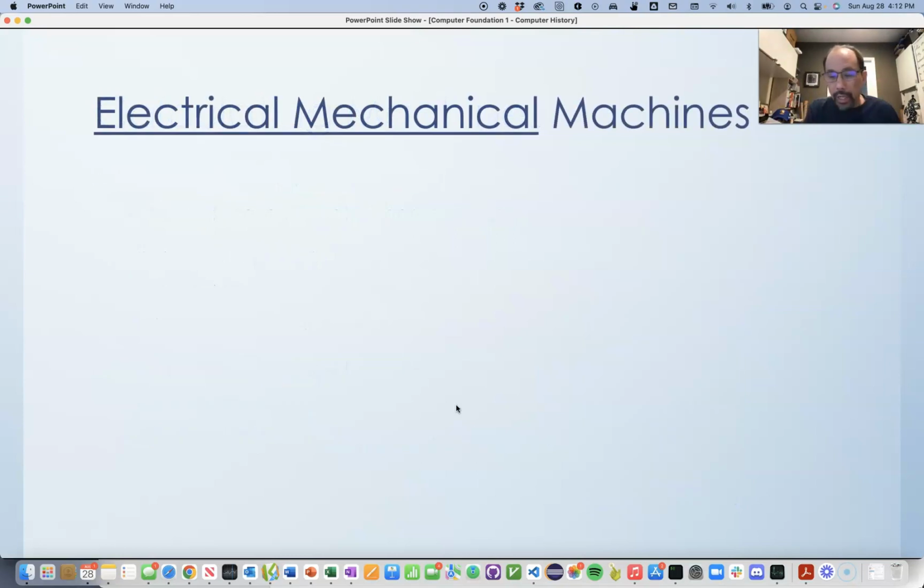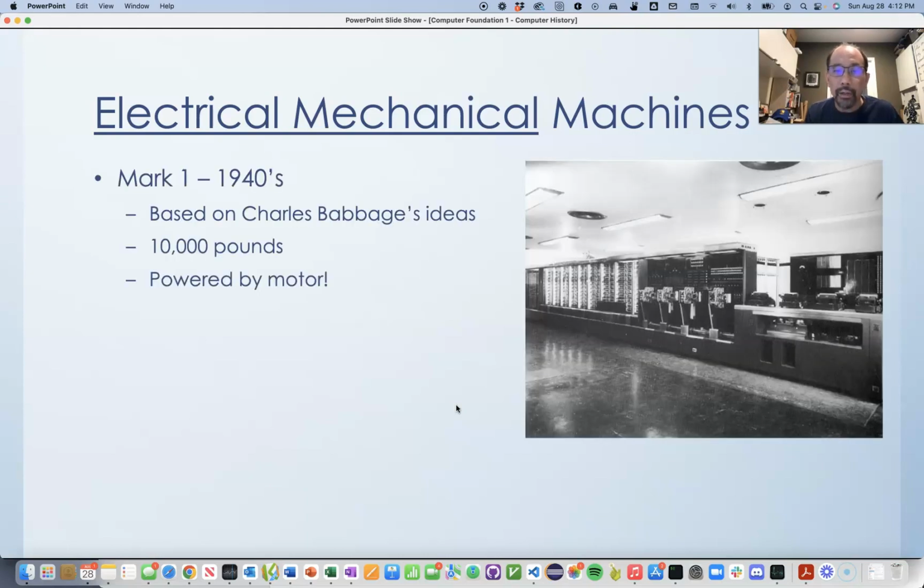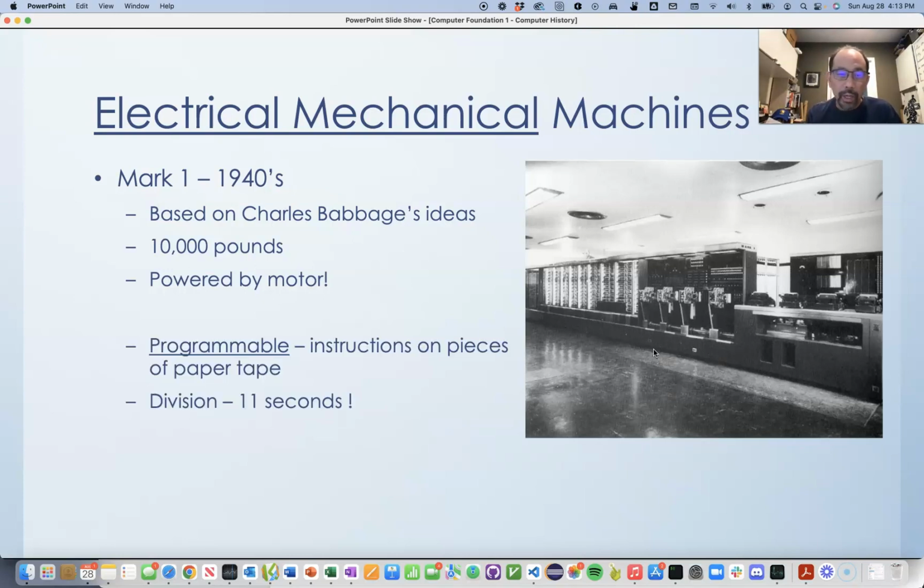Then we advanced, and people invented electromechanical machines, which were still based on Charles Babbage's invention, but now we have an electric motor turning the gears. This is a big machine, and you could still see it at Harvard today if you went to visit. It's huge. It fits an entire room. It was 10,000 pounds.